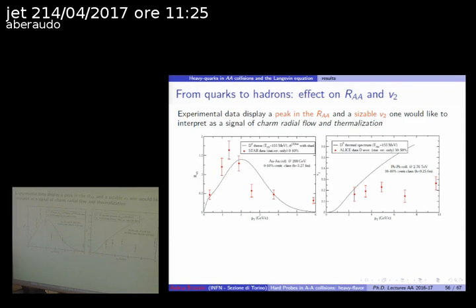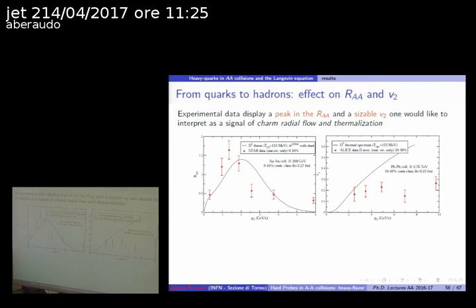And you see that you reproduce more or less this bump in the spectrum. Clearly, if the charm is fully thermalized, its spectrum at high pT would be exponentially suppressed. So you see that this is not the case. However, you can imagine that for more moderate pT, charm is thermalized, and so this would explain this bump in the RAA.